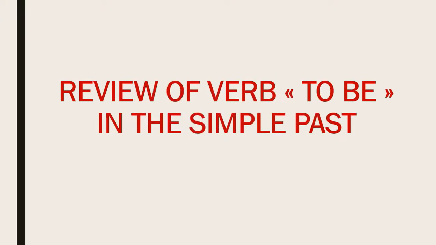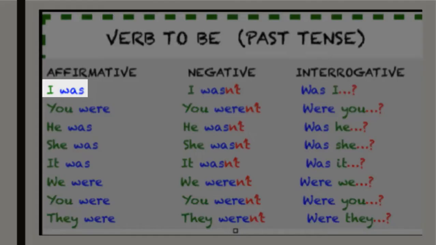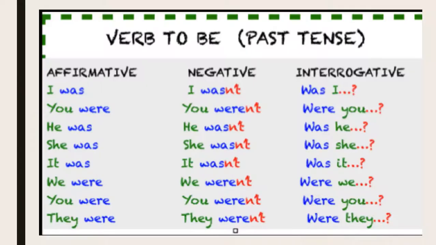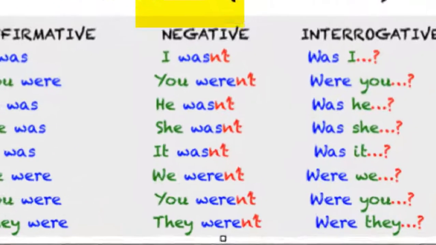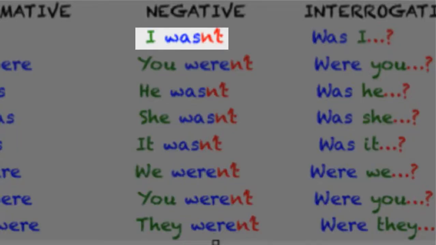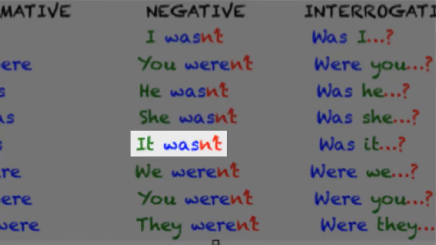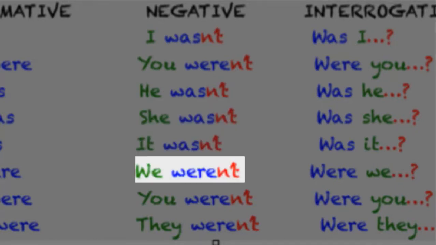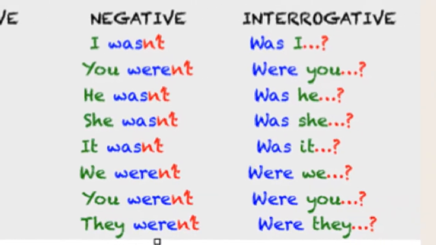So let's start with a review of verb to be in the simple past. Affirmative: I was, you were, he was, she was, it was, we were, you were, they were. Negative: I wasn't, you weren't, he wasn't, she wasn't, it wasn't, we weren't, you weren't, they weren't.